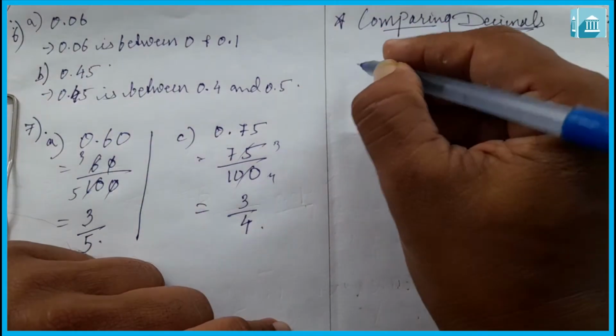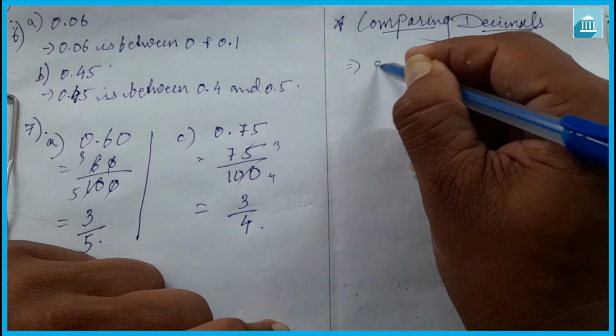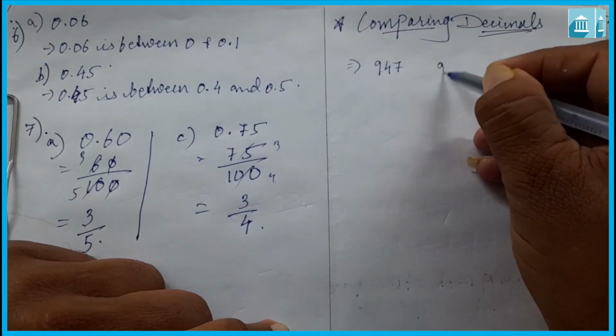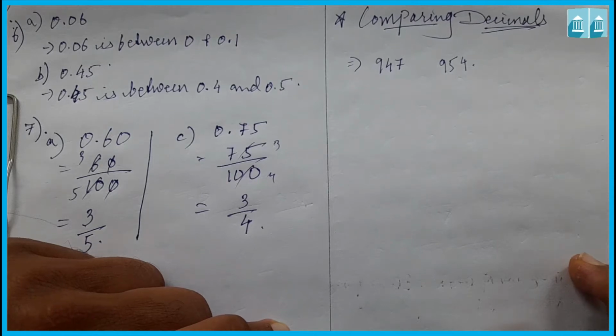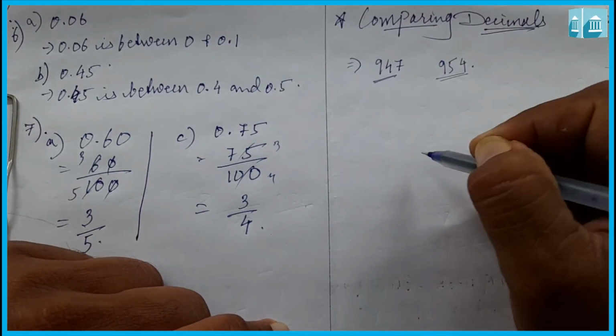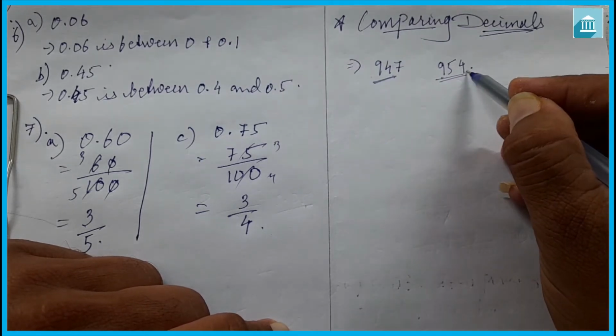We know how to compare whole numbers. For example, if the number is like 947 and the other number is, suppose, 954. Now when we want to compare it, we first see the number of digits. Here the number of digits is 3, here also 3.